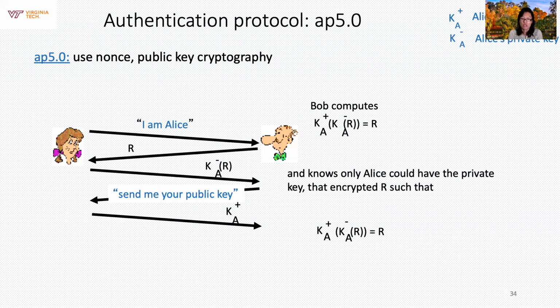Well, it does prevent replay attack, but then using a shared key, we said, just doesn't work on the internet, right? So how about we use a public key setup? So say Alice has a pair of public and private key, and tells Bob, hey, I'm Alice.